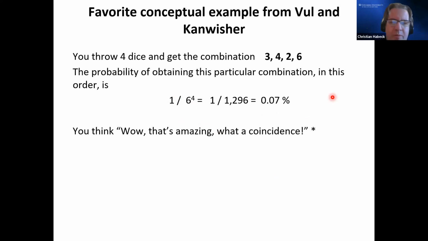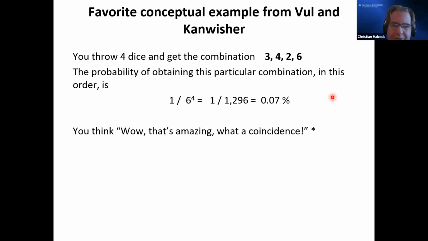And you tell yourself, wow, that's amazing. What's the probability of getting such a throw combination? And this seems kind of strange, and Kanwisher and Vul articulated this too. Imagine you can do this every time, right? And imagine you have a friend, every time you throw the dice, they go, oh, wow, it's amazing, this particular combination comes with such low probability.